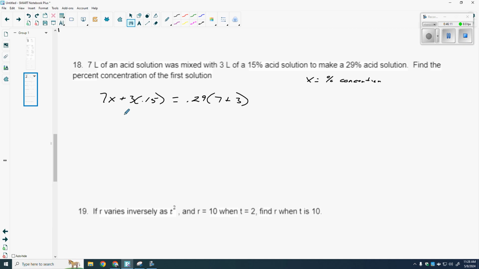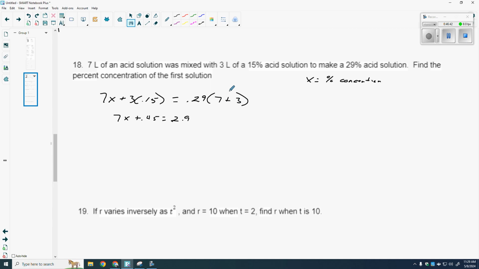Okay, and again, back to a linear equation, just solve it. 7x plus 3 times 0.15, which would be 0.45, equals 0.29 times 10, which is 2.9.